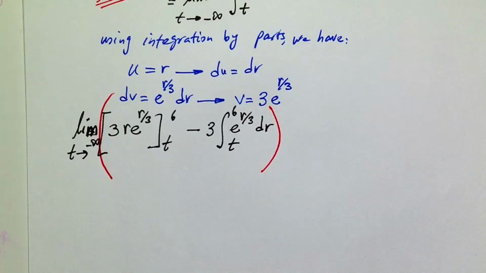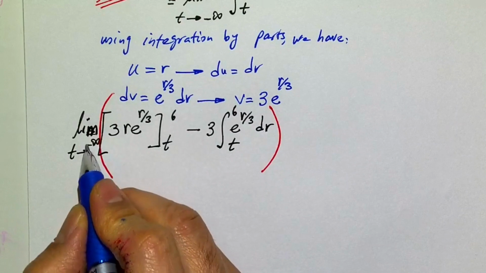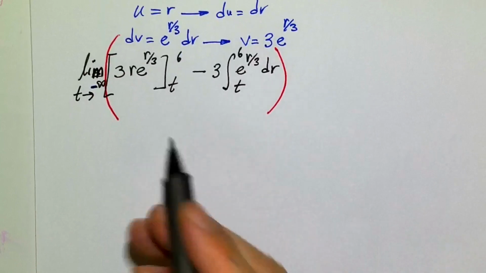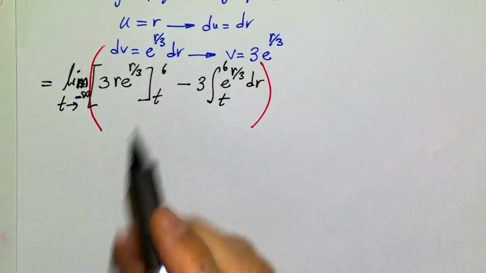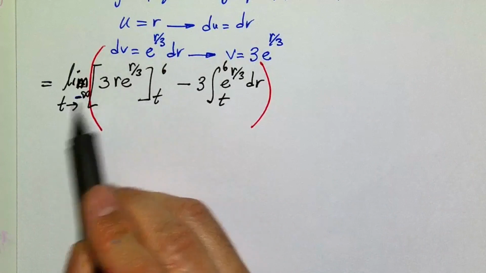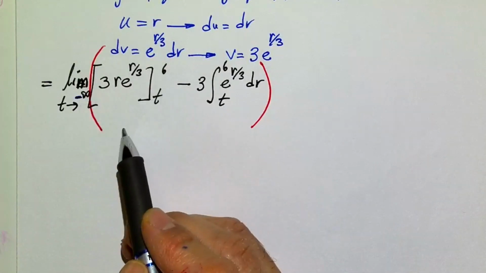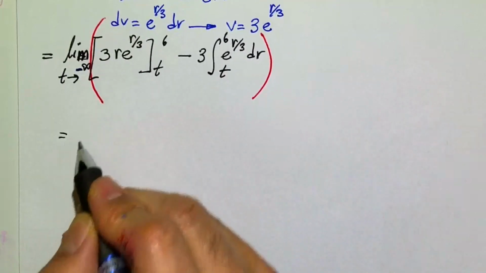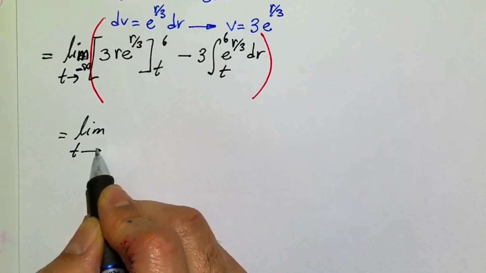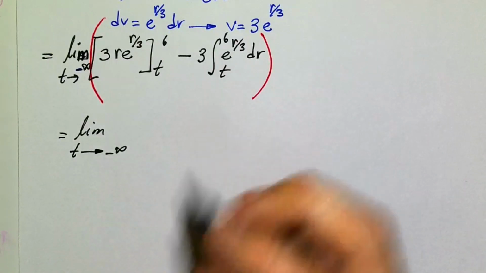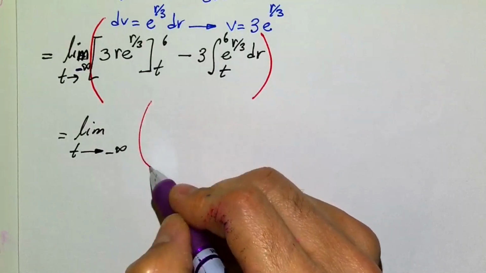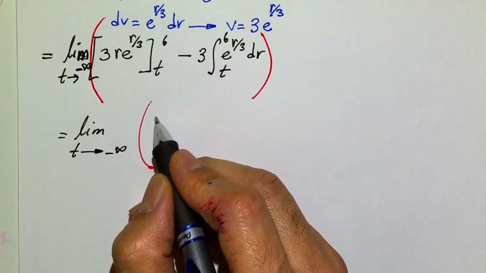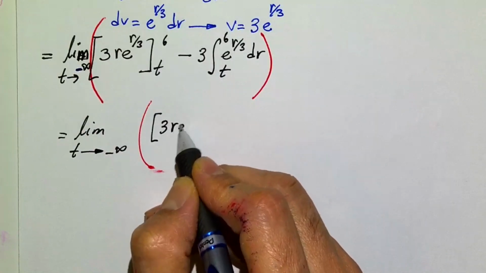All right, so now this one is already done, but before I apply this limit and calculate this integral, I want to integrate this piece too. So what I want to do is the limit as t goes to negative infinity of, I'm just going to keep this the same for this time around as well.